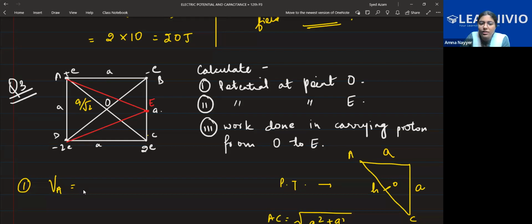Ali, can you tell me what's the potential at O due to A? Potential due to a point charge. This is a point charge E. So what should it be? Unmute and answer, Ali. What should I write first?